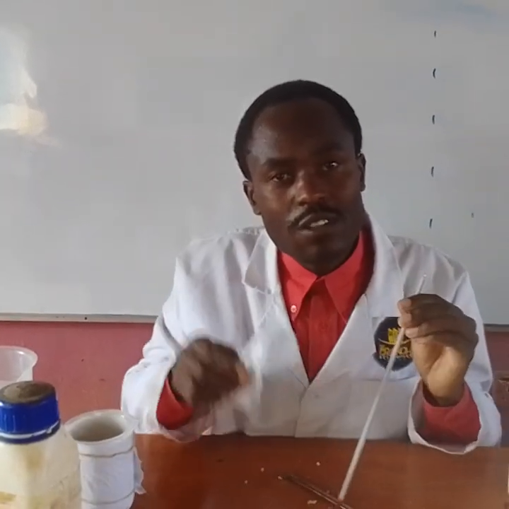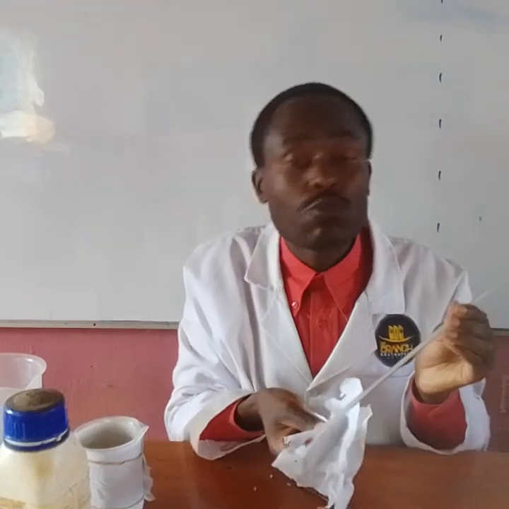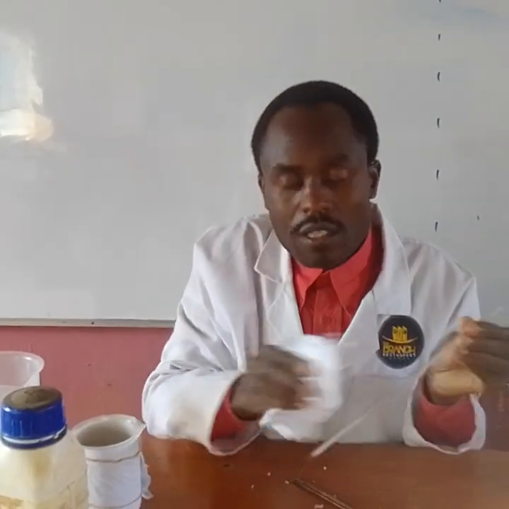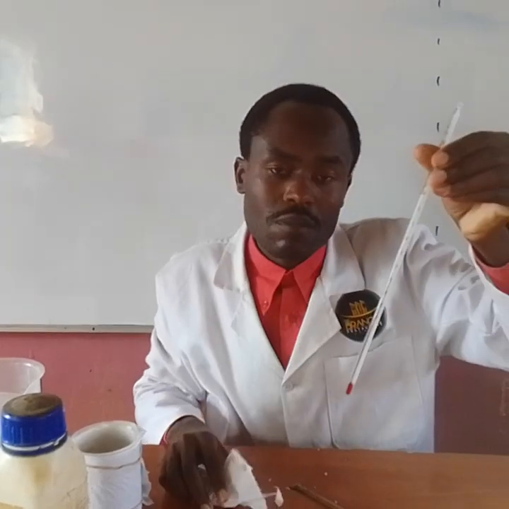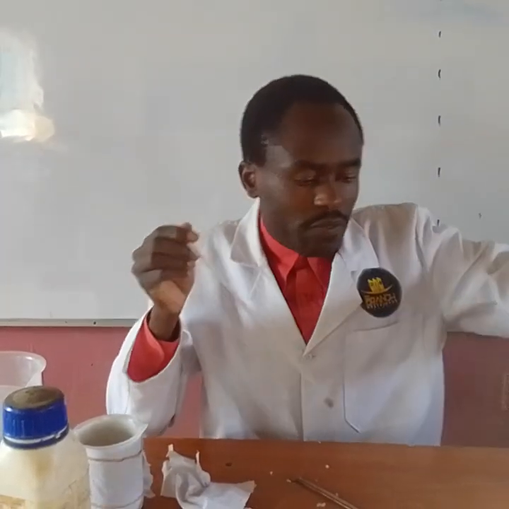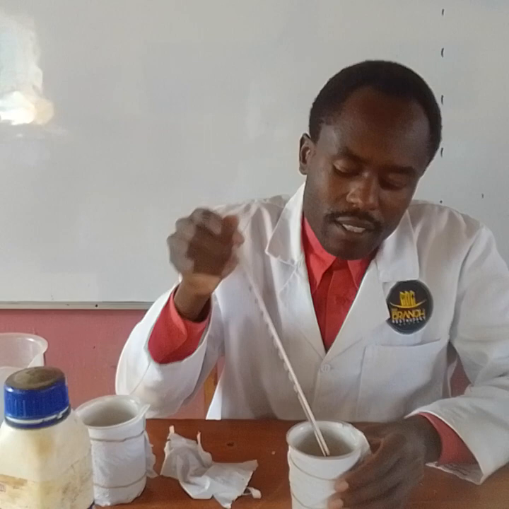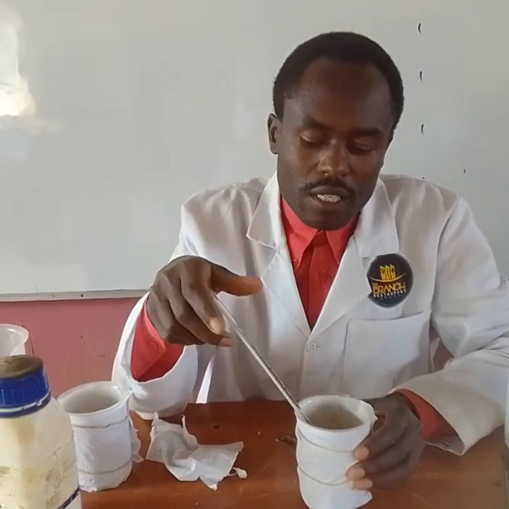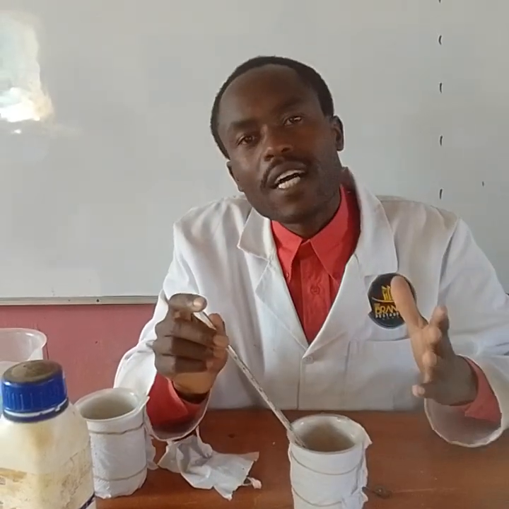We dissolve now sodium hydroxide. You have to wipe the thermometer because I'm using the same thermometer. Is it okay? Then I also take the steady temperature of this distilled water before adding sodium hydroxide.